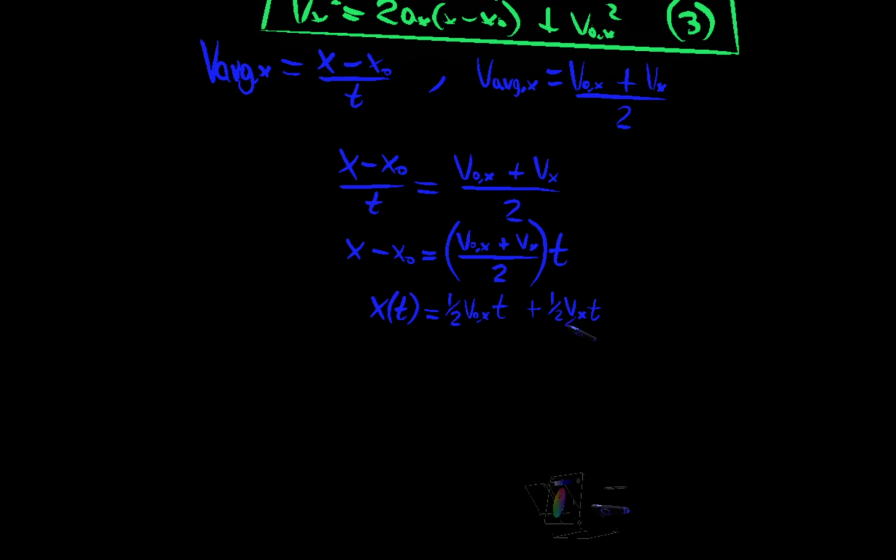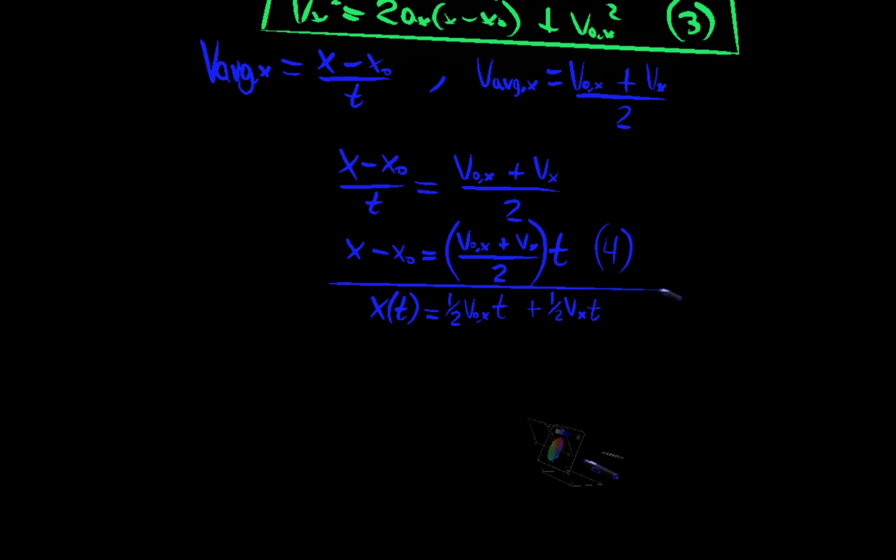This is the same thing. We're just calling x naught 0, so the starting position is 0. But I'll label this as the official fourth equation, and box that on in.